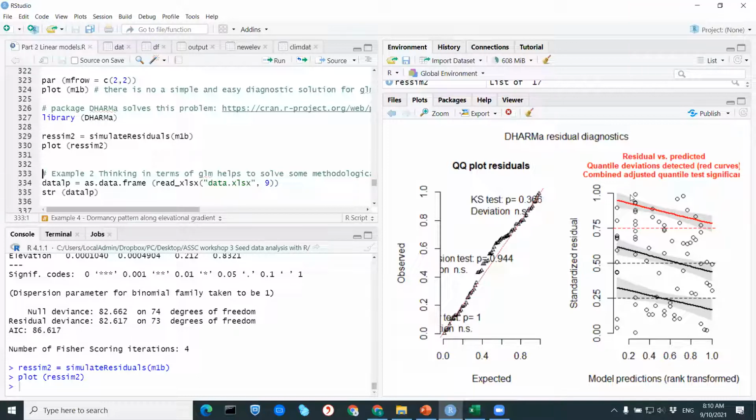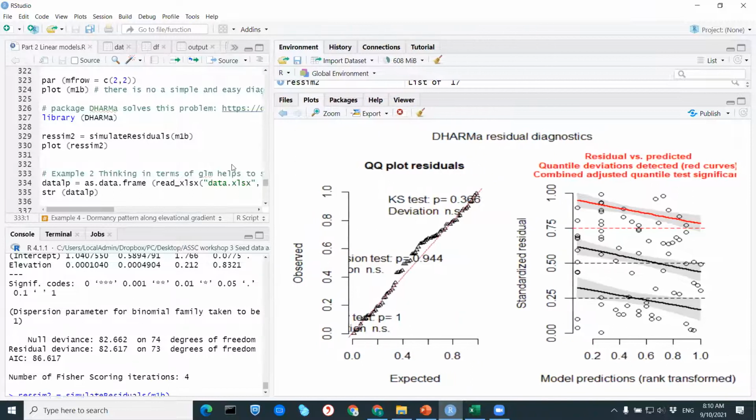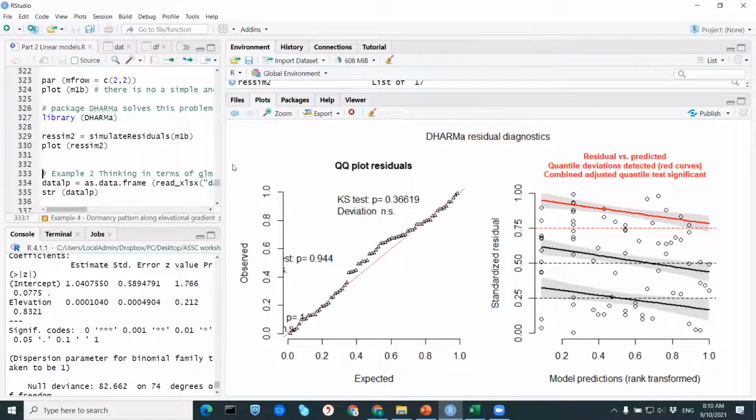Yes, but I think that the idea of DHARMa is to provide residual plots that look similar to the normal residual plots. So that's what these guys are trying to do. The guy on the left is trying to emulate the QQ plot in your plot function, and the guy on the right is trying to emulate the fitted relative to residuals.